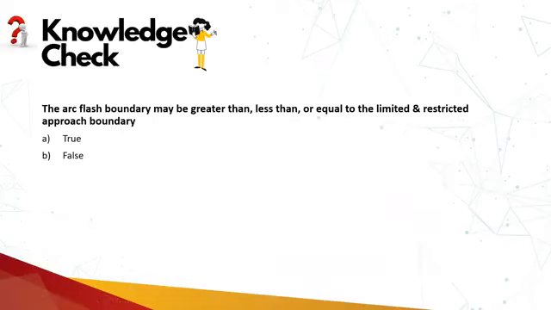The arc flash boundary may be greater than, less than, or equal to the limited and the restricted approach boundary. What's your opinion on this one?